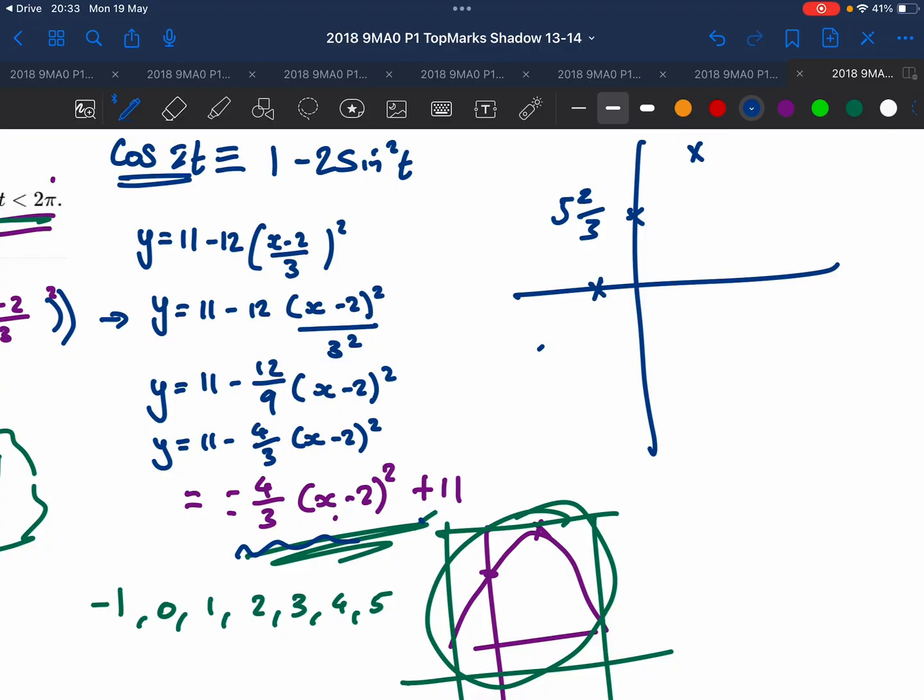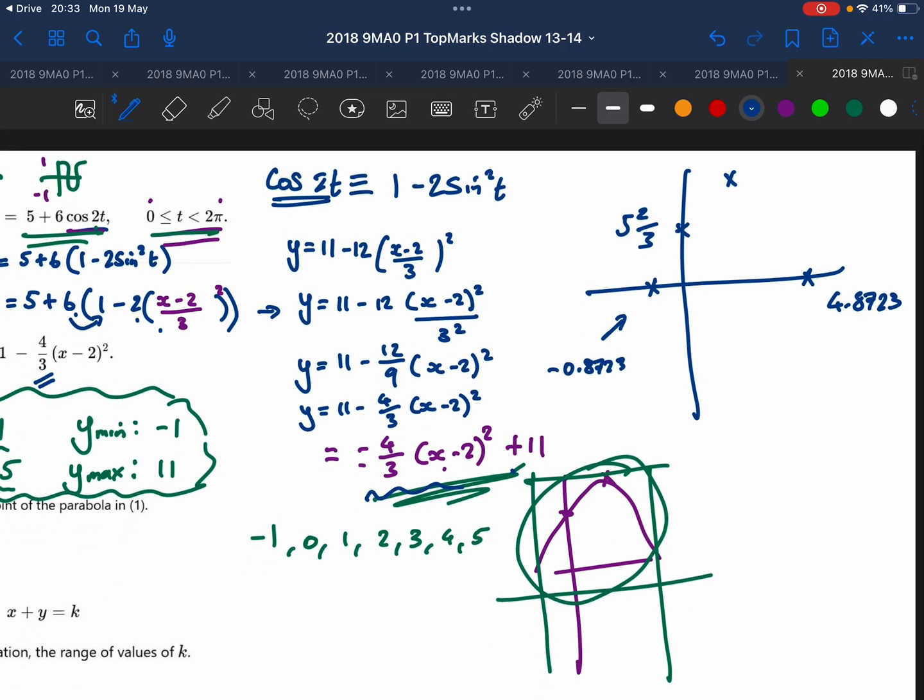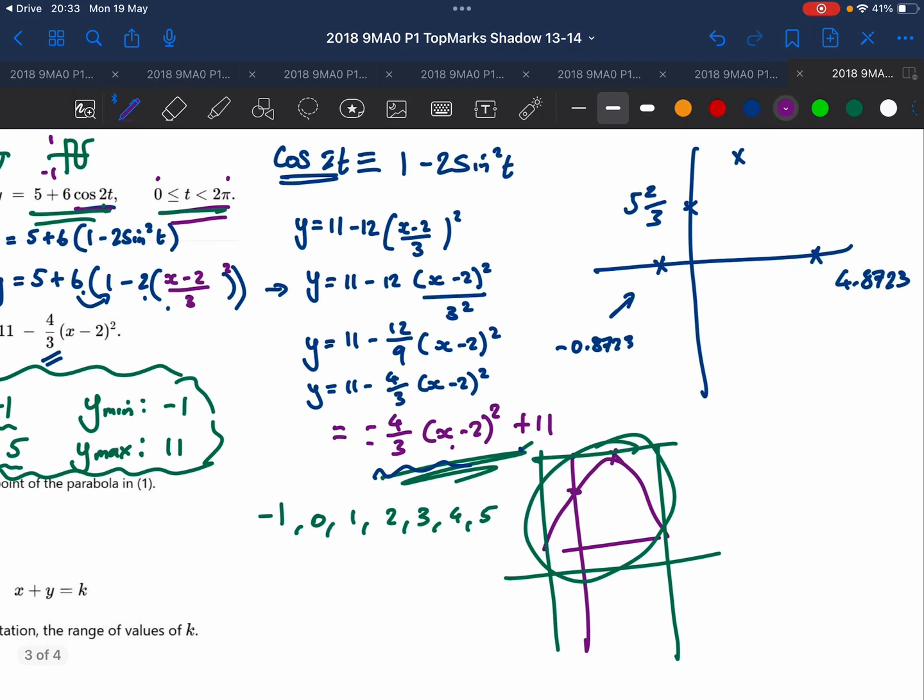So this root here is again not a nice number, it's -0.8723. And is there a root less than 5? Yes, there is. So this is just less than 5. It's 4.8723.